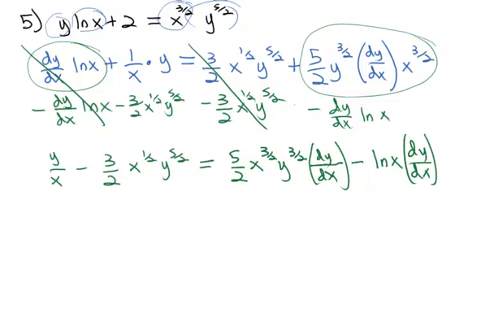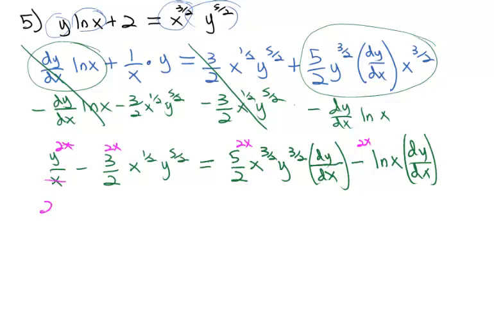I want to clean up the fractions first. I really don't like fractions. Let's multiply both sides of the equation by the denominator 2x. Each term by 2x.